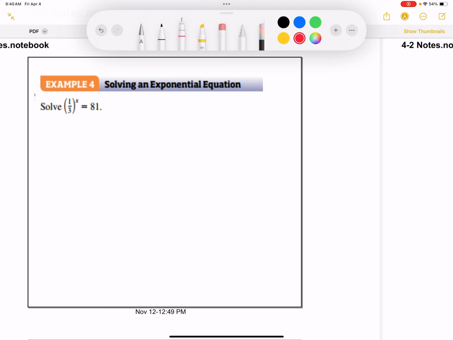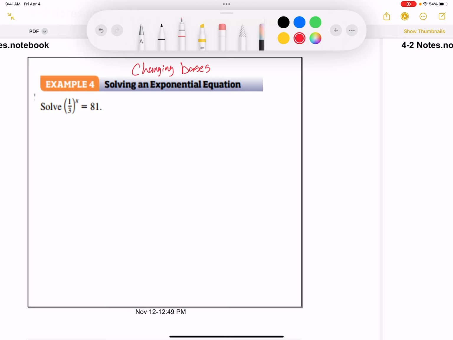All right, so let's look. Step 1 is changing bases. Now, 81 and 1/3. When I'm doing this, I should be thinking about 1/3, and really the 3.